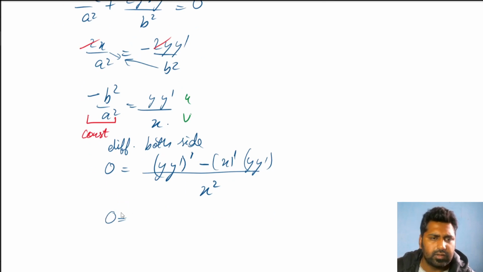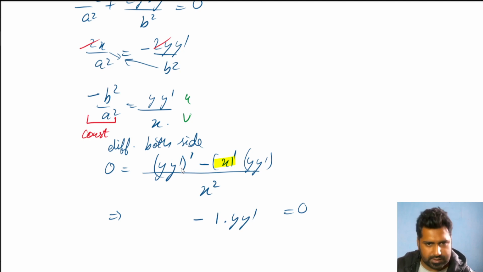So I'm writing 0 on the right. So this differentiation, first of all, x differentiation is 1, so minus 1 into y dash.